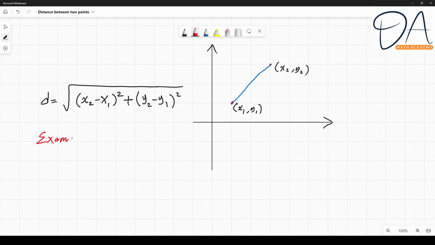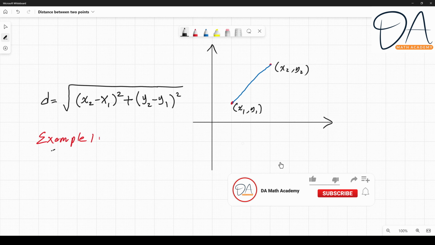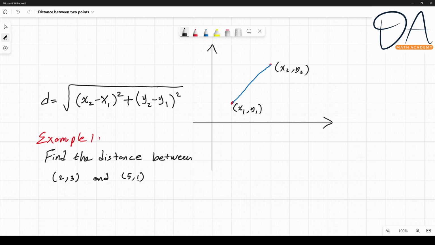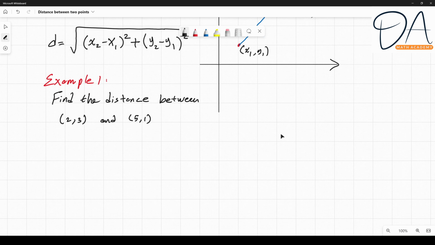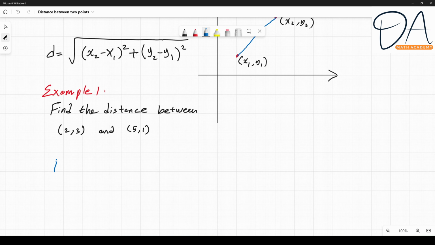So first example. Our first example is to find the distance between the 2 points (2, 3) and (5, 1). The solution is simple. We simply use the formula.